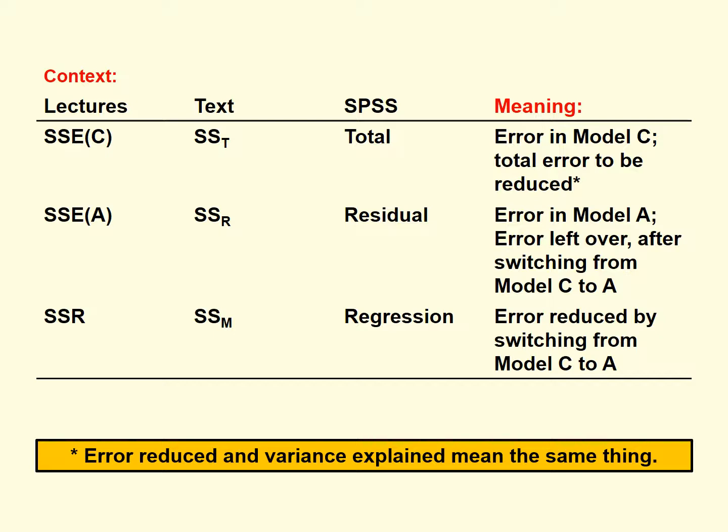So all three of those, SSE C, SS sub T, and total, are all referring to the error in the compact model, the error in model C, or the total amount of error to be reduced. So this is different textbooks, different contexts, same calculation, different names.